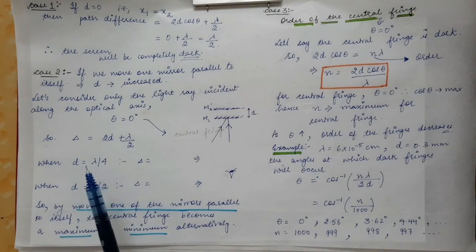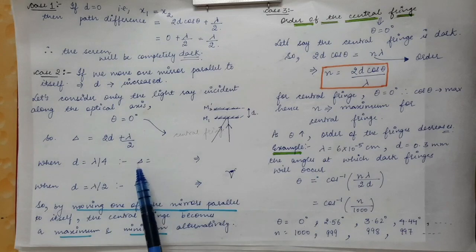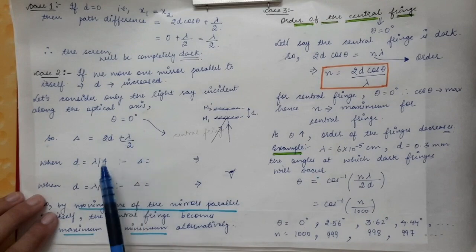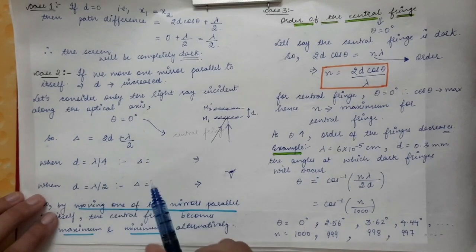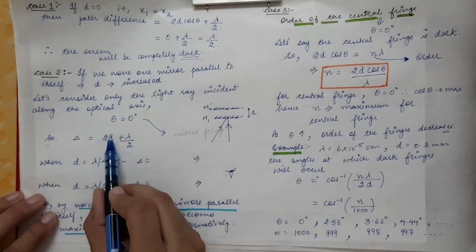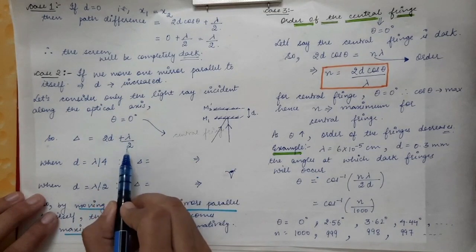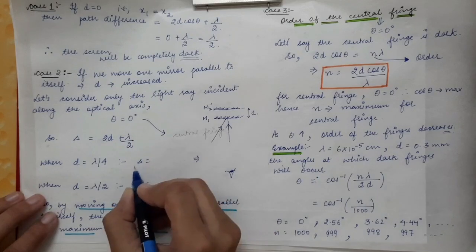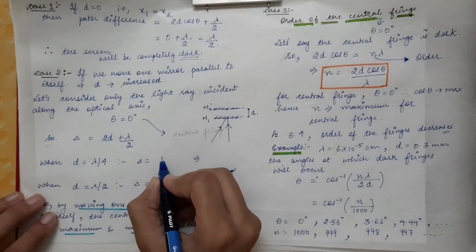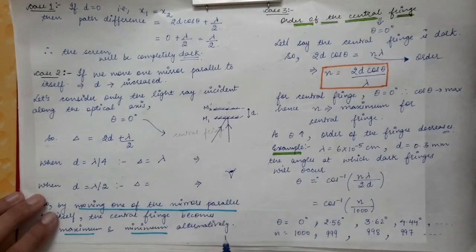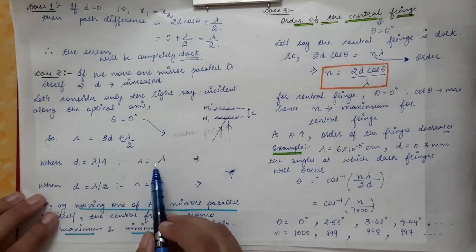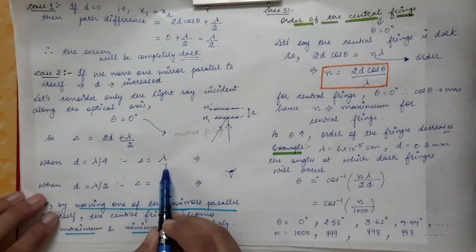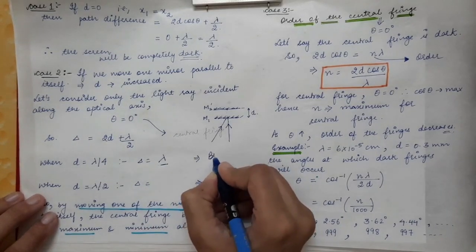So when d is equal to lambda by 4, the path difference between the two interfering beams making the central fringe will be equal to twice of lambda by 4 plus lambda by 2. So you will get lambda by 2 plus lambda by 2. So delta, that is the path difference, will be equal to simply lambda, which means that the central fringe will be bright.